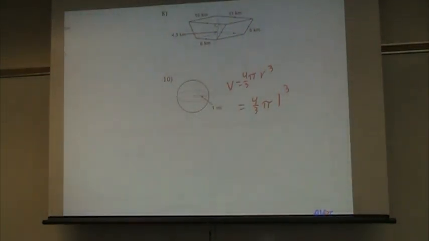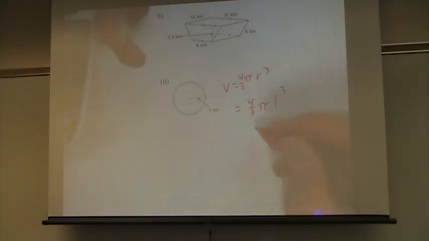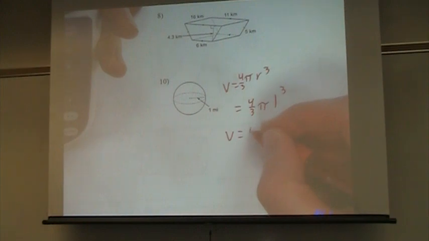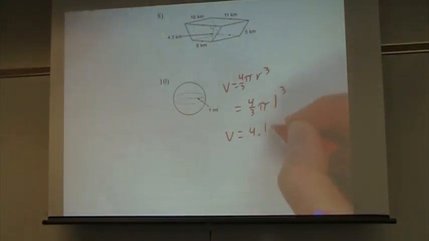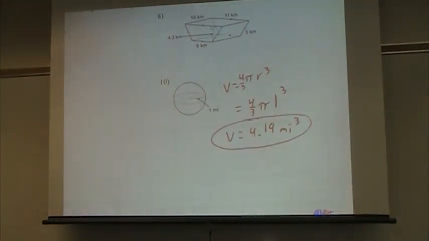So this is really 4/3 times pi, which gives me volume equals 4.19 miles cubed. Nice. Again, I don't know about some of the units on these problems.